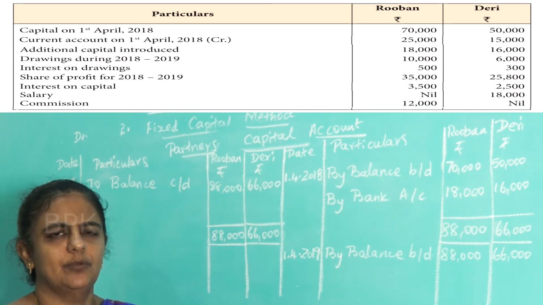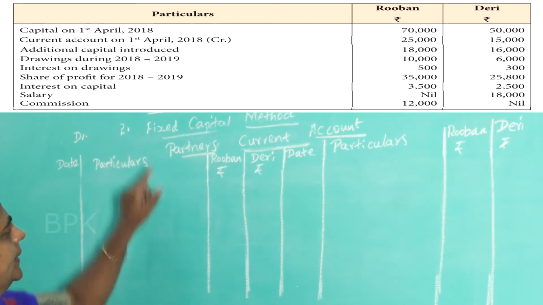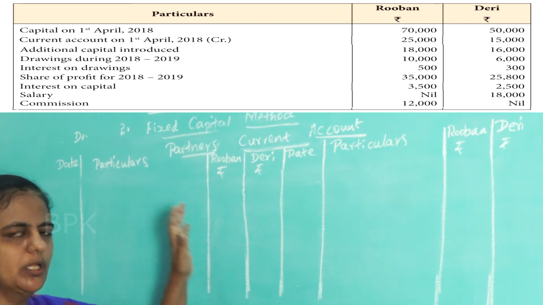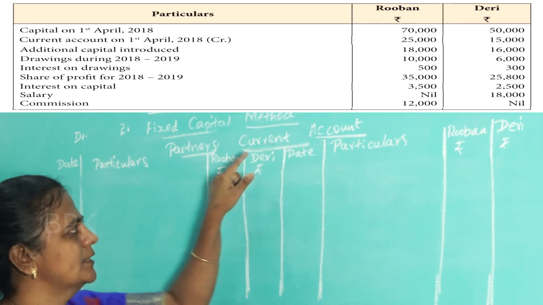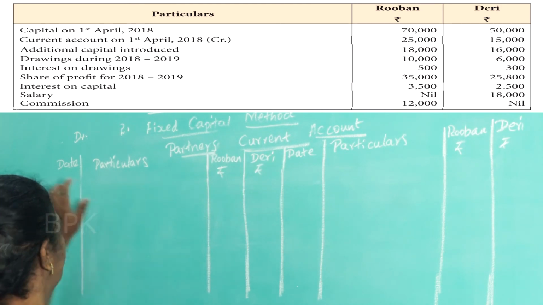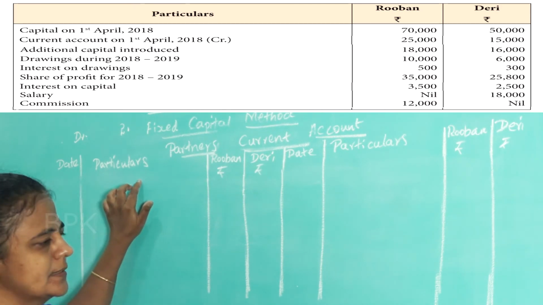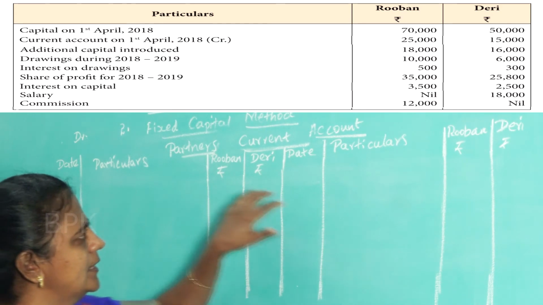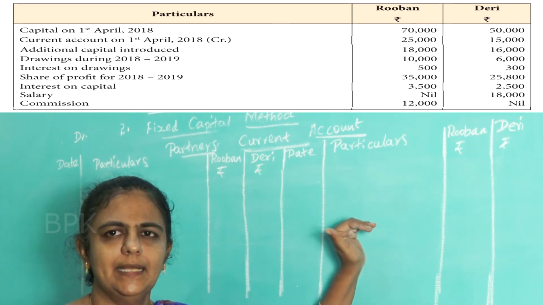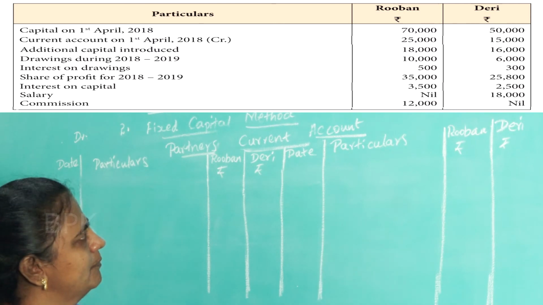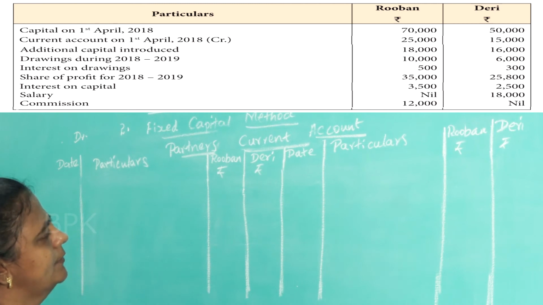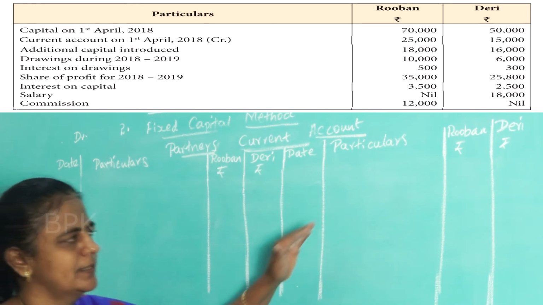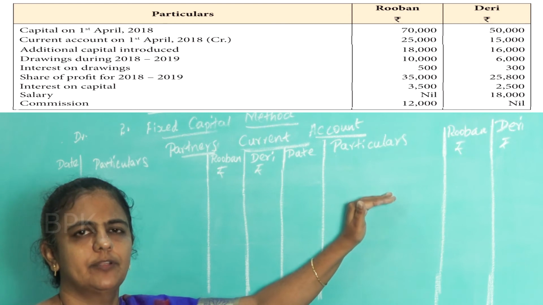Okay. Next you have to find out the current account, partners current account. Under fixed capital method, all the adjustments have to be shown in the partners current account. So what is the format of this partners current account? Again you put the date, the particulars, and then the two partners name. Same thing you put it on the credit side also. Okay. Now current account, what is the balance given there? It is given on the credit side. So since it is given on the credit side, you have to put it on the credit side.